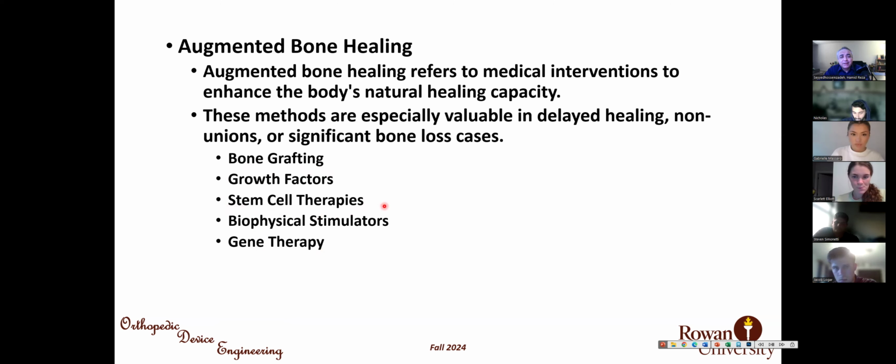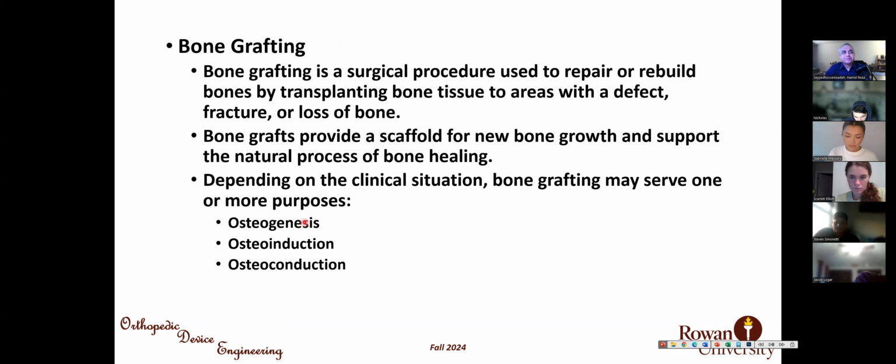They are not in clinical use yet. We will discuss them in another session. But today, we are going to discuss what is accepted as an augmentation for bone healing, which is biophysical stimulators and bone grafting. These two techniques are in common use, and there are many methods for them, and we will discuss them briefly.